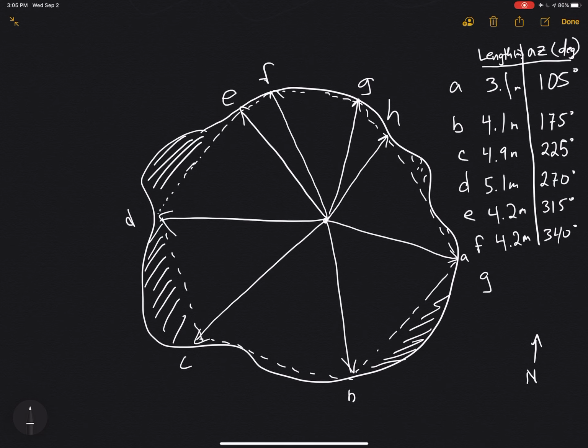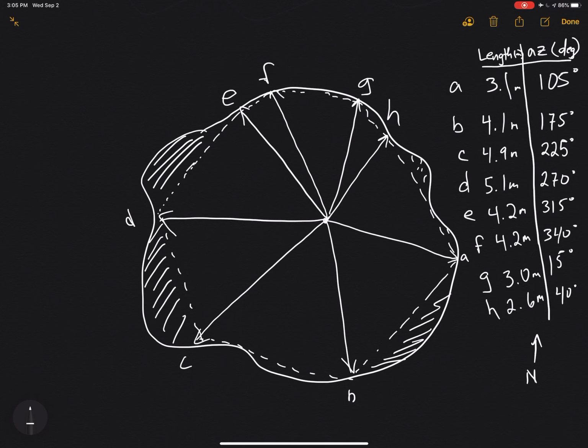Radius G, let's call that 15 degrees off of north, so north by northeast, and 3.0 meters. And our last radius H, 2.6 meters, and at about 40 degrees, just shy of northeast to the northerly side.